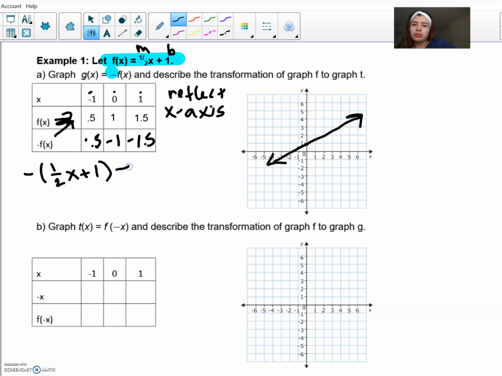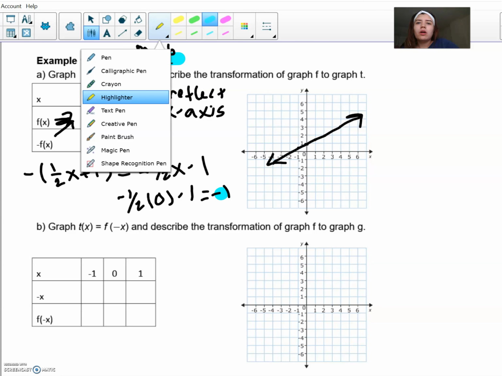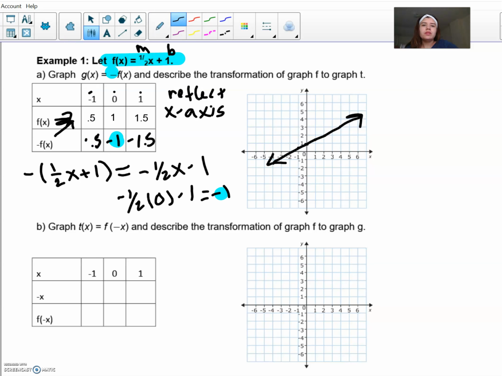Okay, and that just flips the sign. So now we have -1/2 x minus 1. So if we plug in 0 here, like we did above, we are going to get that -1 answer, like we did here. Okay. So all we need to do is graph.